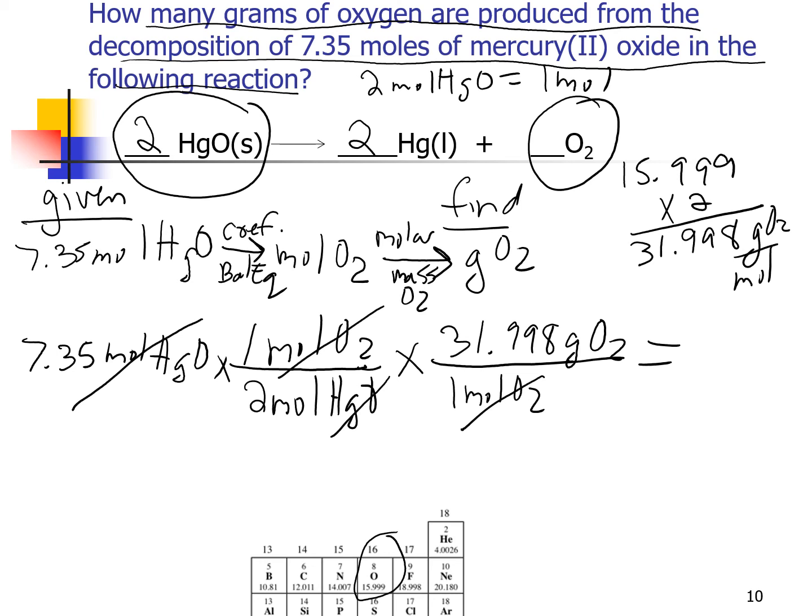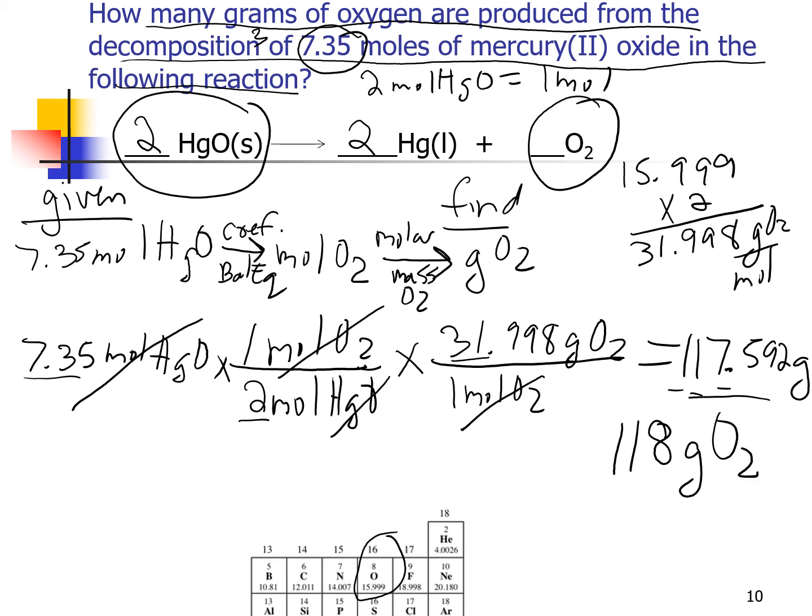So now it's just doing the math. 7.35 divided by 2 times 31.998, and that gives me 117.592 grams of oxygen. And in my problem, I was given 3 sig figs, so I need to have 3 sig figs in my final answer, and I'll need to round up, so that's 118 grams of oxygen that can be produced from 7.35 moles of mercury II oxide.